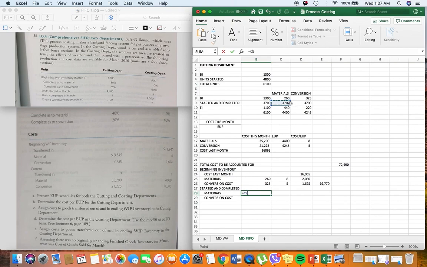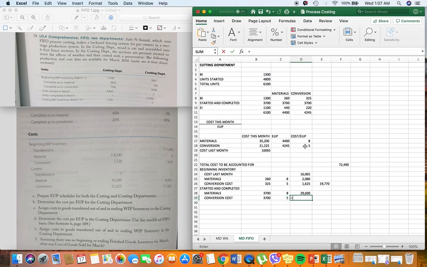So, we have EUP, 3,700 multiplied by the cost per EUP for materials. So, 37 times 8 will get 29,600. And for conversion naman, we have 37 multiplied by 5.